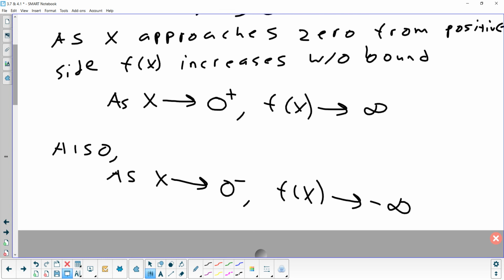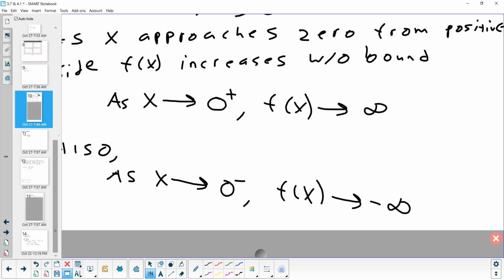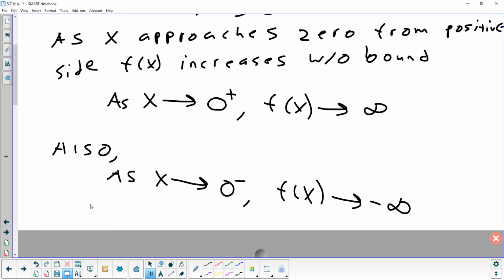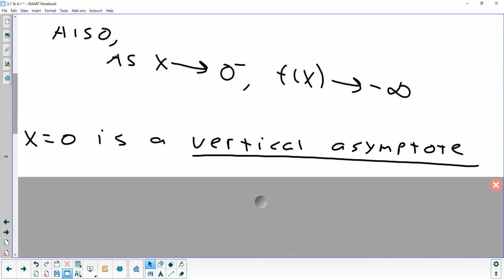So, this says as x approaches 0 from the positive side, y approaches infinity. And as x approaches 0 from the negative side, negative is the left side, we approach negative infinity. This idea of all of a sudden your graph going up to infinity or down to negative infinity is the behavior that always happens at a vertical asymptote.